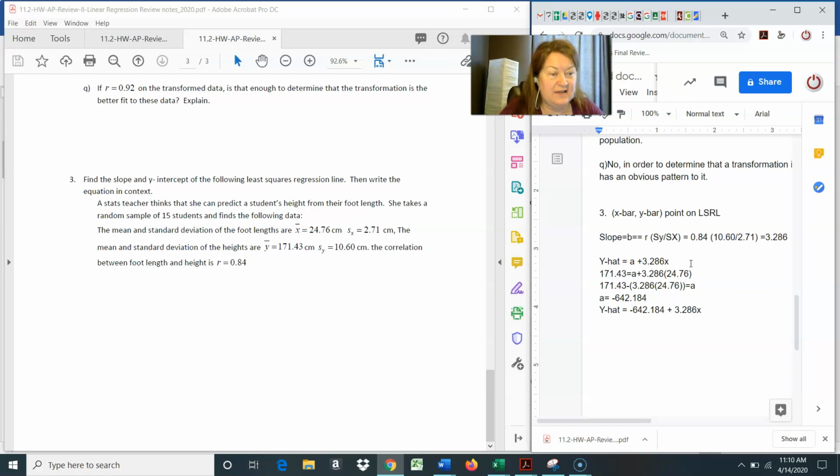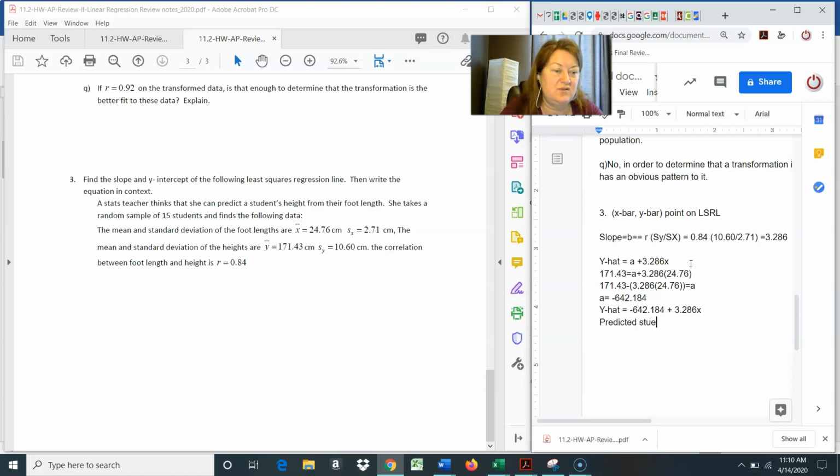So either I have to identify those variables or I have to put it in context. What was y representing? It says that the teacher thinks that she can predict a student's height from their foot length. That means the x's are foot length and the y's are student height.